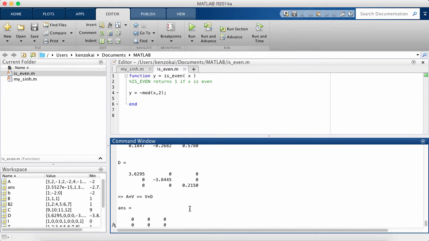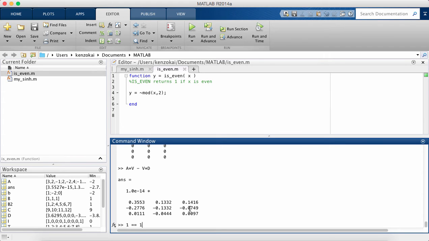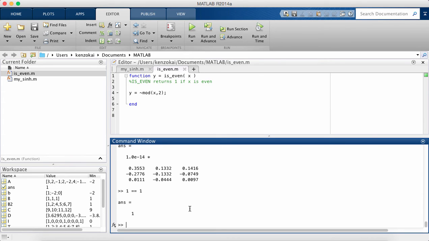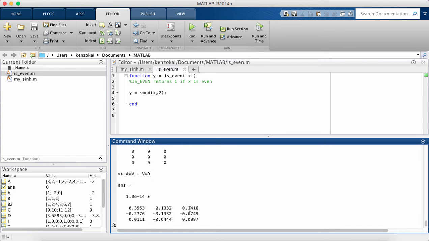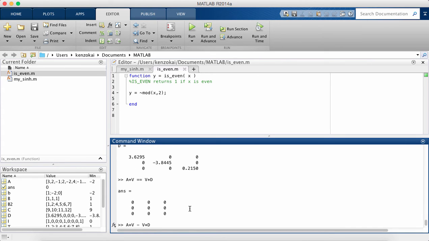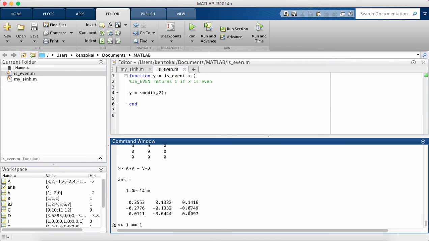Here's another interesting thing about Matlab: if we want to check if two things are equal, we can generally use the double equals as we do in regular programming. So 1 == 1 is 1, which means true. 1 == 0 is false. If we do A*V == V*D, we get false, which is surprising because they should be equal given that that's the definition of eigenvalues and eigenvectors.